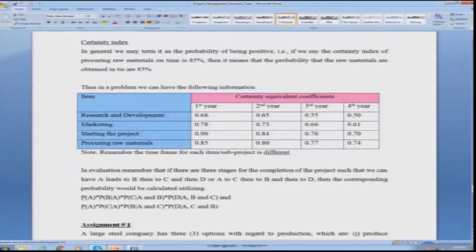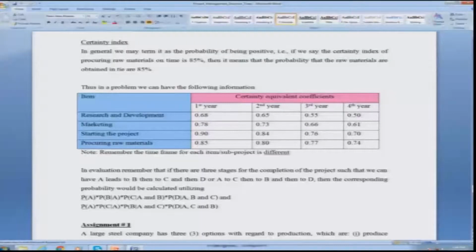In other sense, if the consequence is something, the flow of the jobs or the activities or the investments are like this, it will happen as probability of C is dependent on A, probability of B is now dependent on A and C, which has already occurred, and probability D would basically depend on A, B, C has already occurred. I am using the sequence of the events as A, B, C, but technically, if you see the last 2 terms in these 2 lines, it is D dependent on A, B, C, and in another case it is D dependent on A, C, B as the consequence of the events which basically occur.